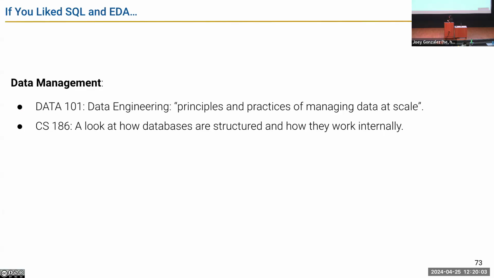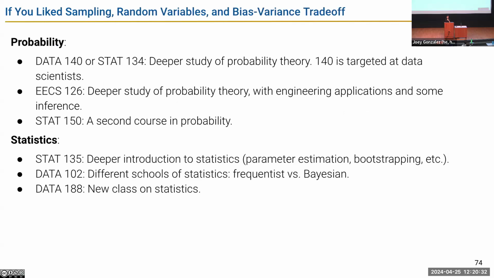We have Data 101 being offered in the fall. Professor Yan is teaching it. I heard so many good reviews about that. It's the applied database course that you can take from the data science perspective. We also have a very good database course, CS 186, one of the best database courses across the nation. So that's another option in terms of database skills that you can learn.